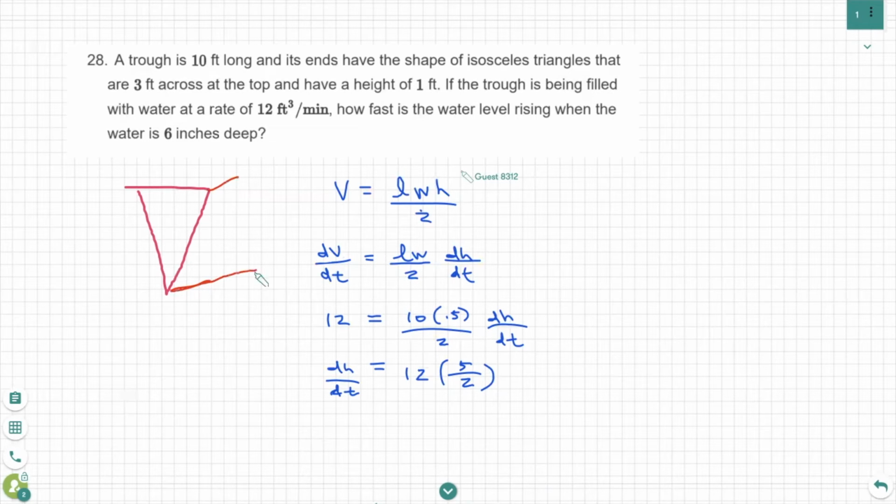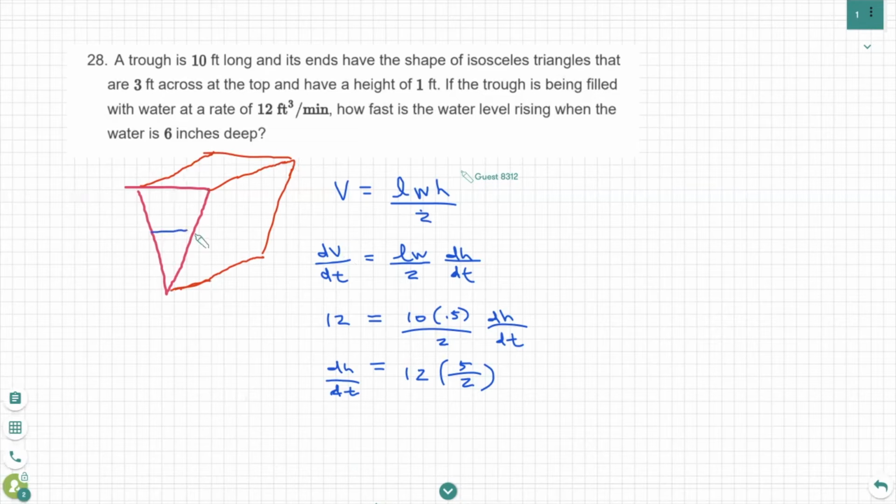And that's the volume of the triangular water trough? Or what are we trying to find? We're trying to find the volume of the water in the trough. So the volume of the water is changing, right? The water level's rising. So these are all the dimensions referring to the water.